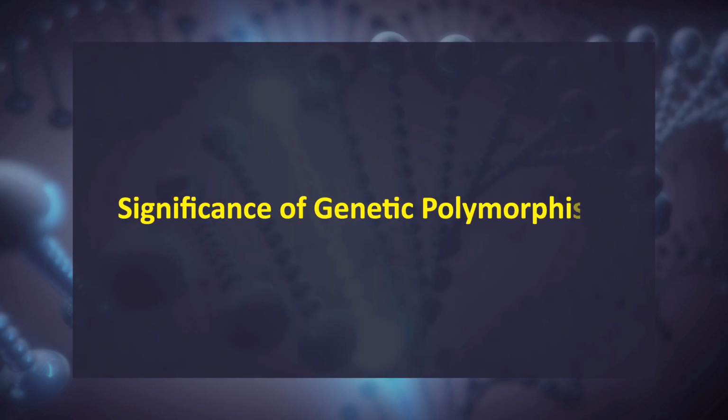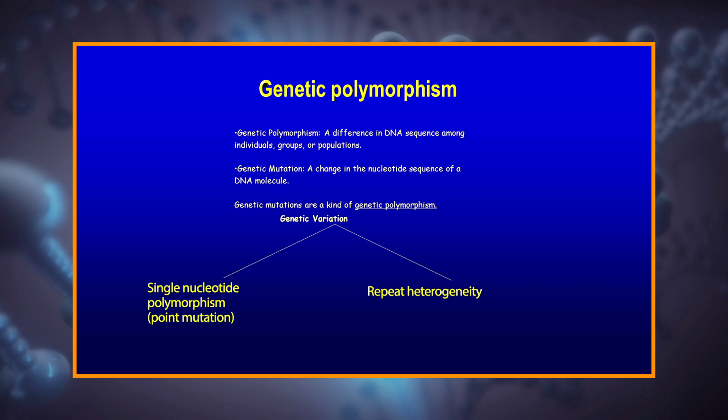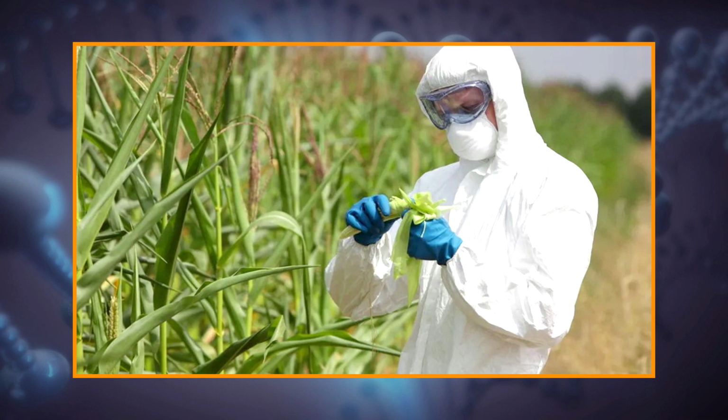Dear students, let's now discuss the significance of genetic polymorphism. Genetic polymorphism is defined as the variations among chromosomes, alleles, or other DNA sequences. Whether genetic polymorphisms are studied in the form of allozymes, RFLP, mini and microsatellite variation, or DNA sequences, they have become useful tools in a variety of research fields such as population genetics, evolutionary genetics, systematics and molecular phylogeny, human genetics, agricultural genetics, and forensics.